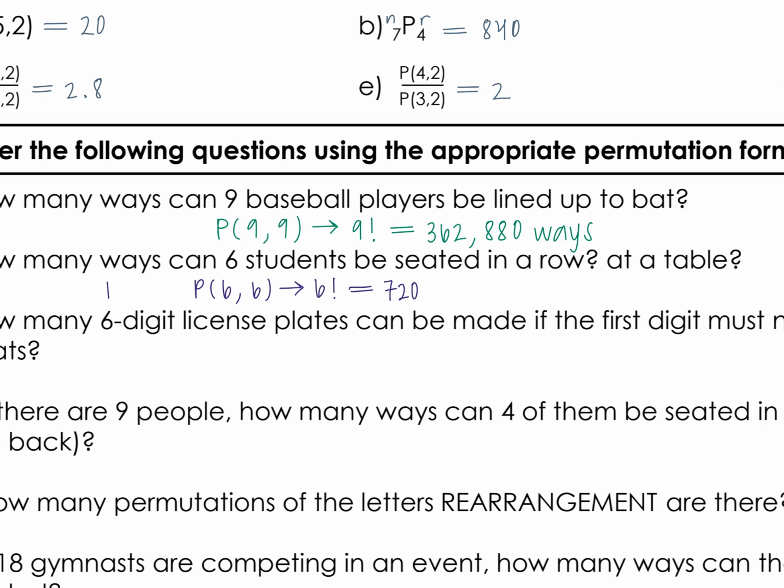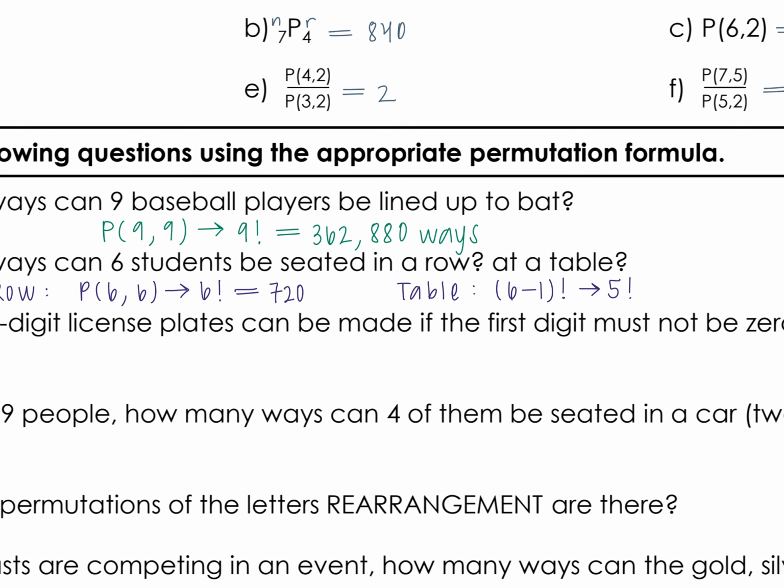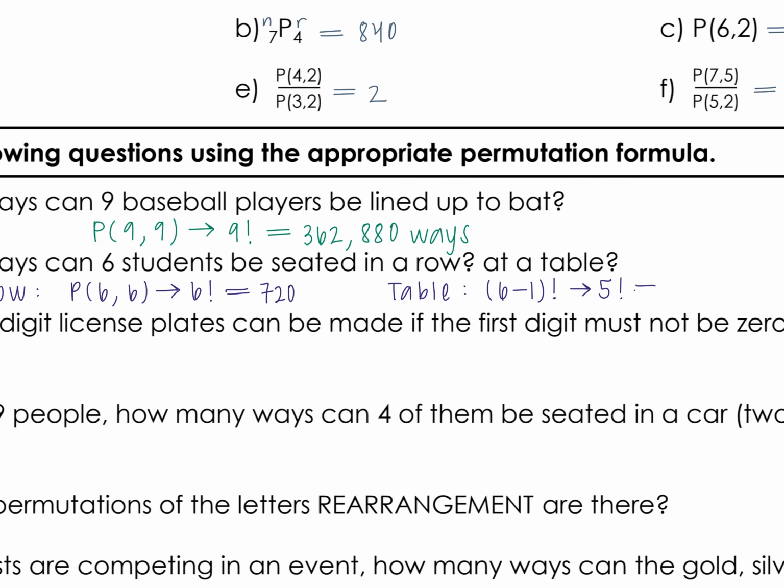And to clarify, this was for my row. When we move into for our table, okay, we would have that 6 minus 1 factorial, which is just going to give us 5 factorial. And when you plug that into your calculator, you're going to get 120.